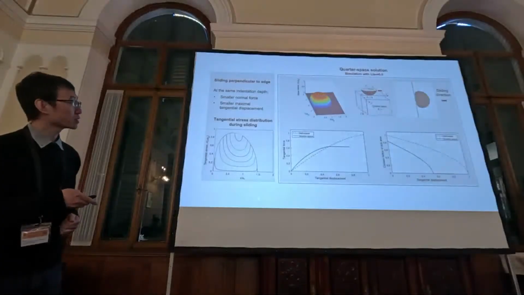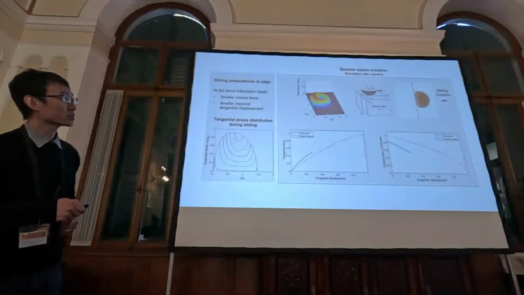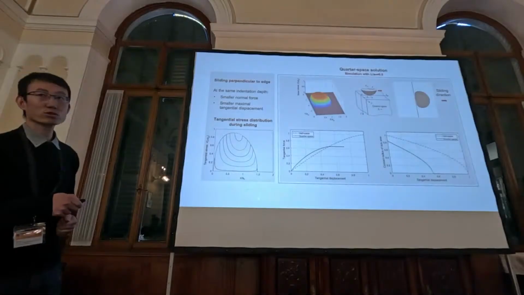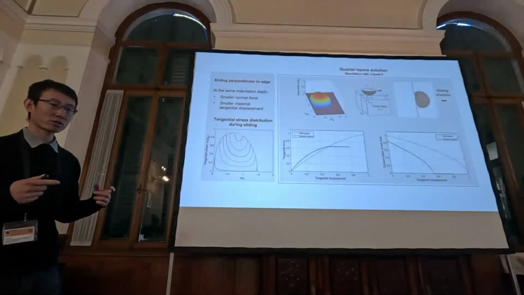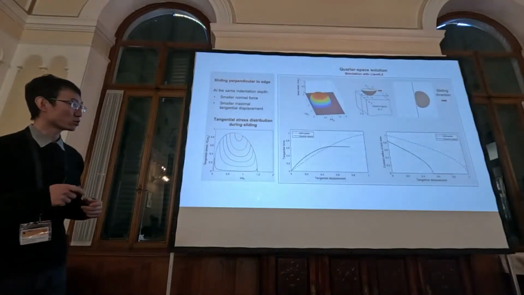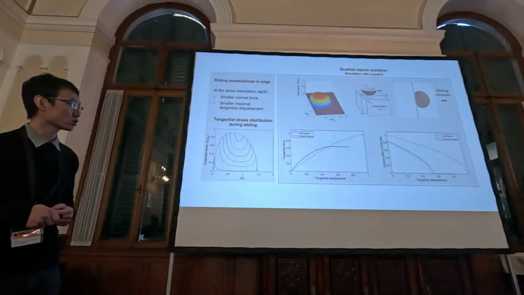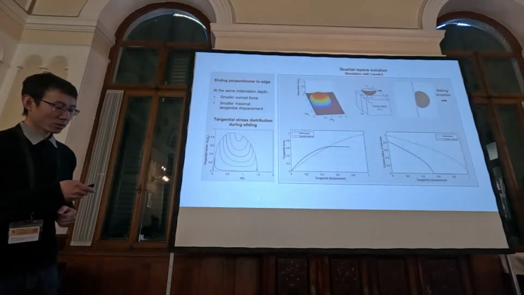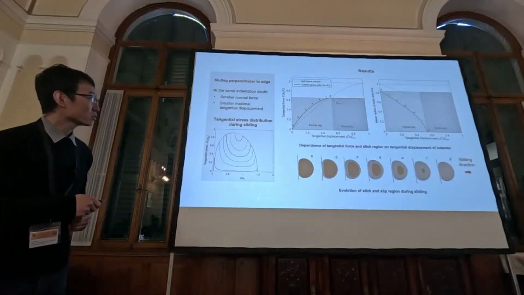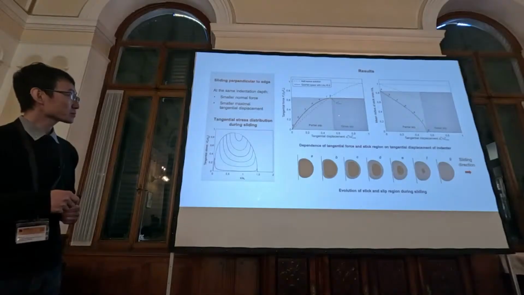So again, you can see here this is the edge of the quarter surface, and this is the contact area, and you see the stick area shrinks during the sliding. And this is the dependence of tangential force on the tangential displacement. We can see this maximal tangential displacement is smaller than the half space case.